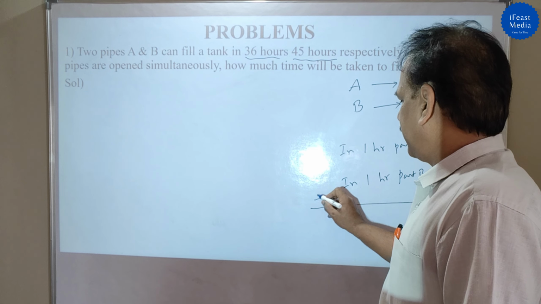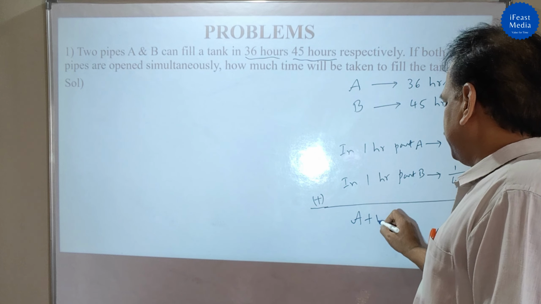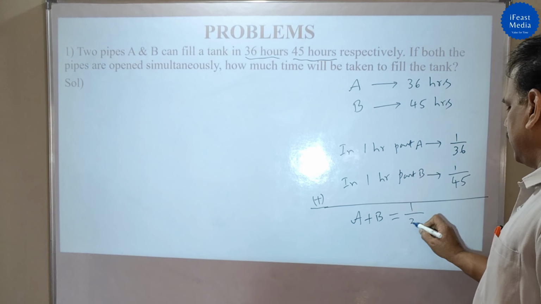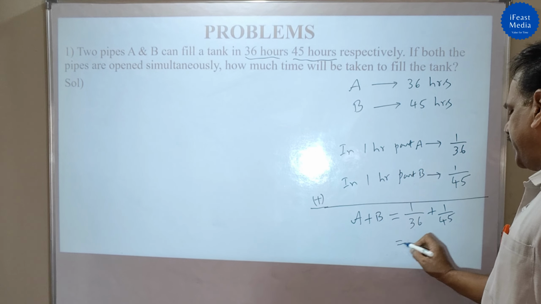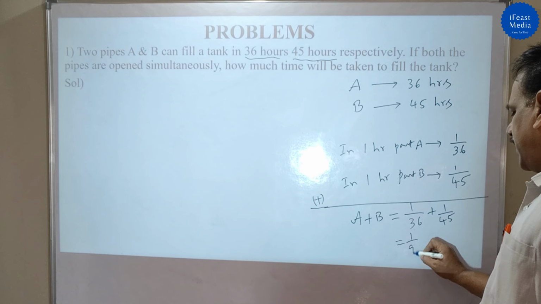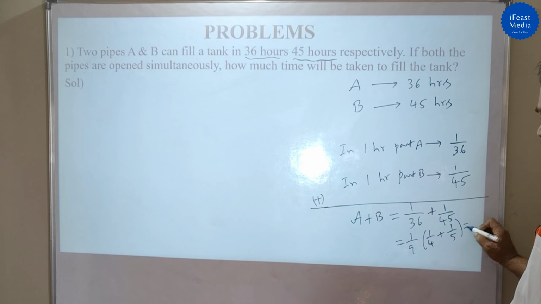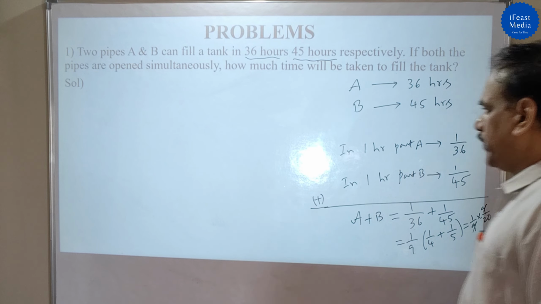You add them: A plus B, both taps together can fill 1 by 36 plus 1 by 45 part of the tank in 1 hour. Which is 1 by 9 into 9 by 20, 9 gone, it is 20.